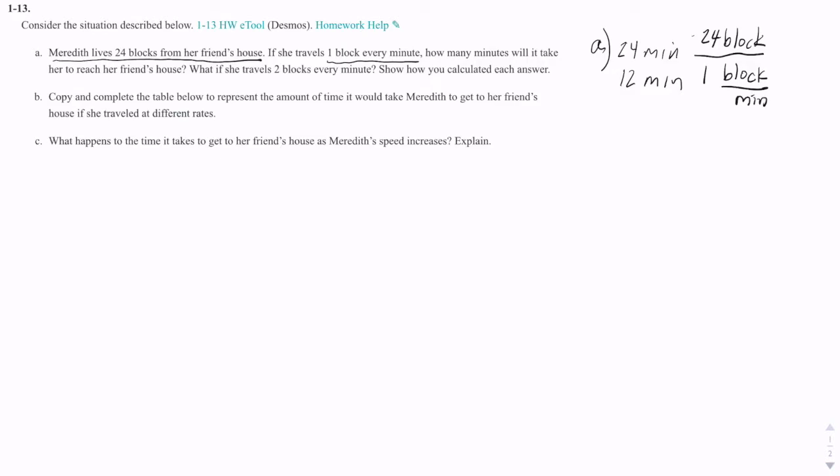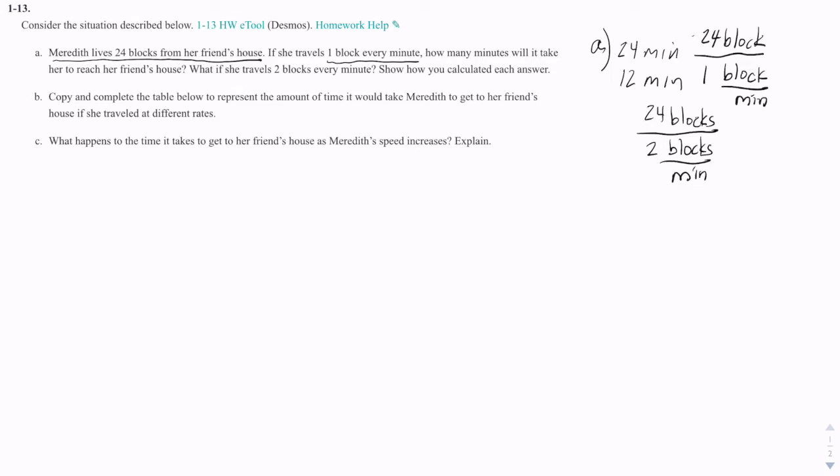And this gives us 24 minutes, because the blocks cancel. For the 12 minutes, we're doing 24 blocks over 2 blocks per minute, and we're getting 12 minutes.